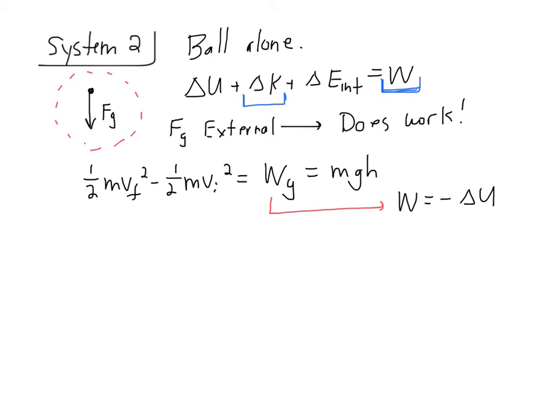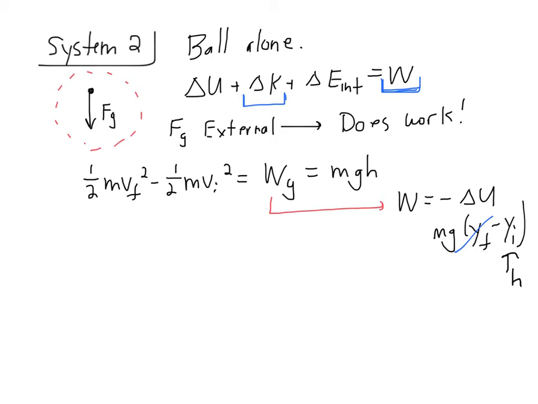So when I wrote the potential energy due to gravity in the last slide, I wrote mg (yf minus yi). But if you want to compare yf and yi with the height, you can see that actually the initial y, that's actually the height. And the final y is 0. So this negative sign right here and this negative sign right here cancel, and you get mg times h. That's where the work due to gravity comes from. It comes from the work in any situation for any force is negative the change in the potential energy.